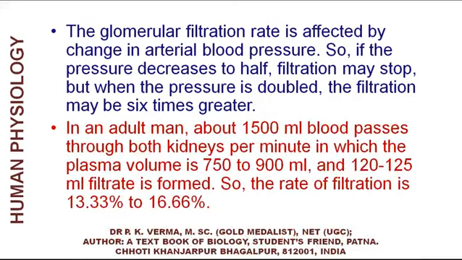Out of that, 120 ml to 125 ml filtrate is formed. So the rate of filtration is minimum 13.33 to maximum 16.66%. It is on average 15%, though in some texts it is mentioned as 20%.